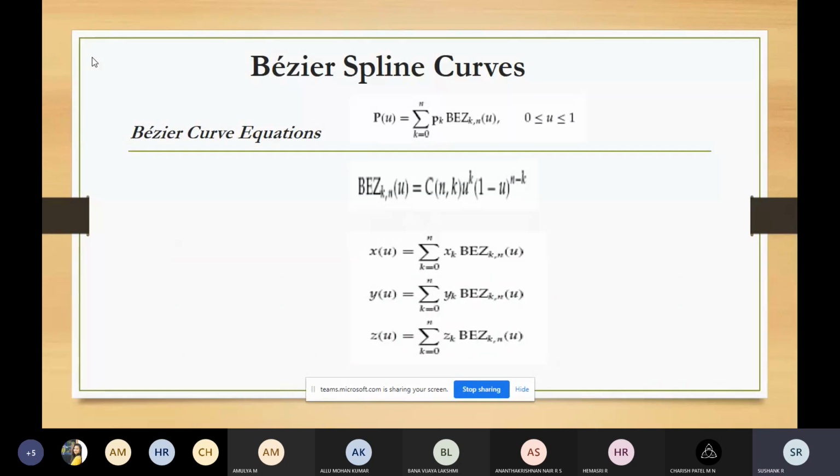For example, how do we denote the control points?